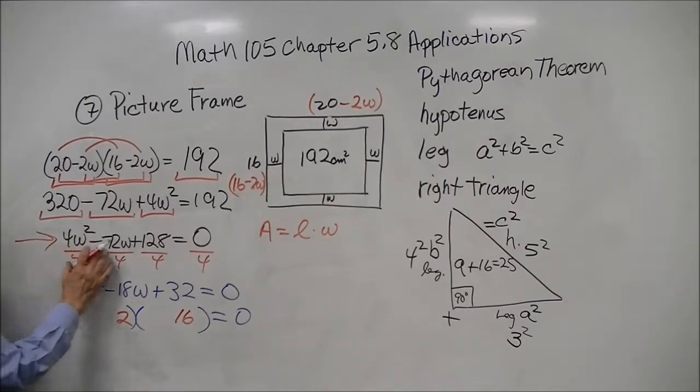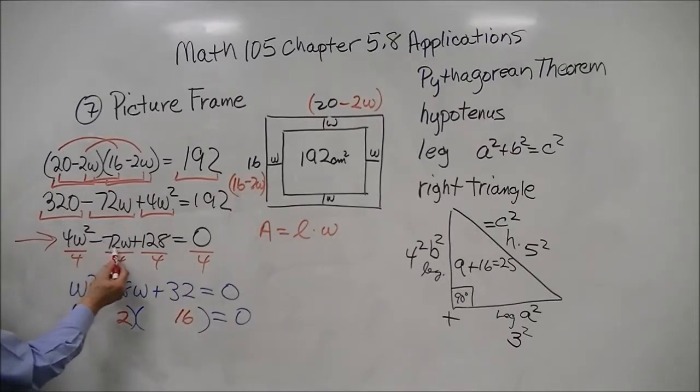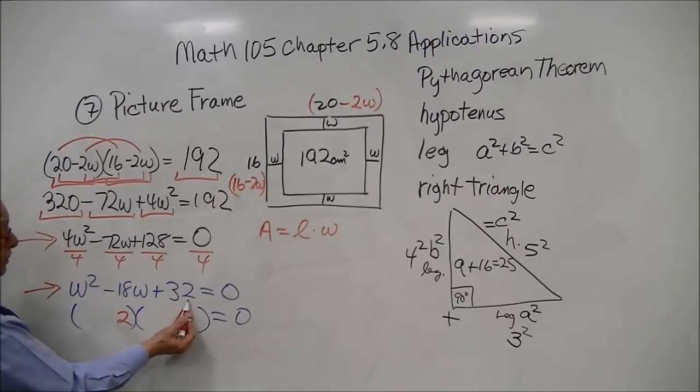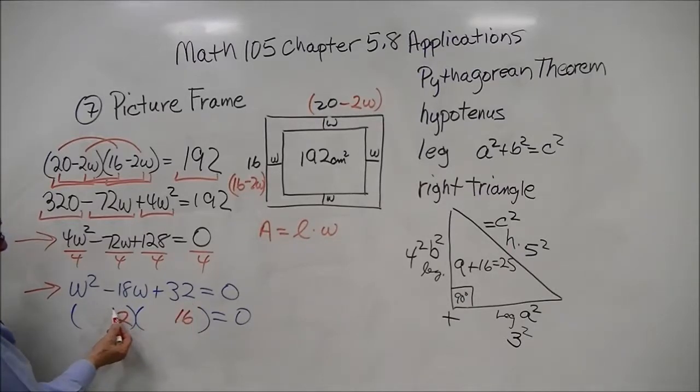Then I said, well, let's try to make it smaller numbers. So I saw that I could divide everything by 4, which is what I did. And then I got this equation, which is not the same, but it's equivalent. And then I had factors of 32 that add up to a negative 18.